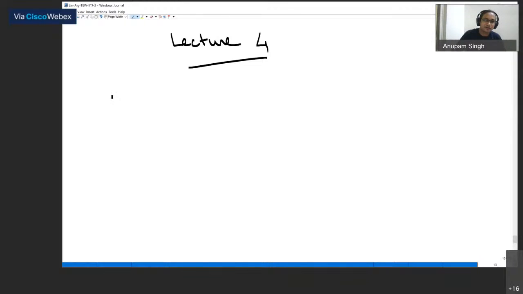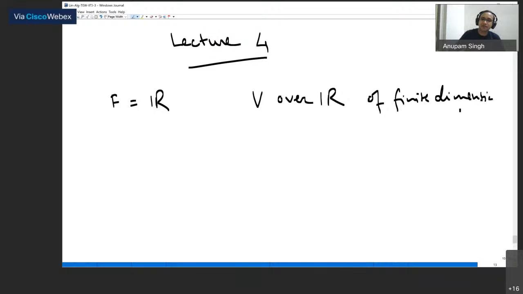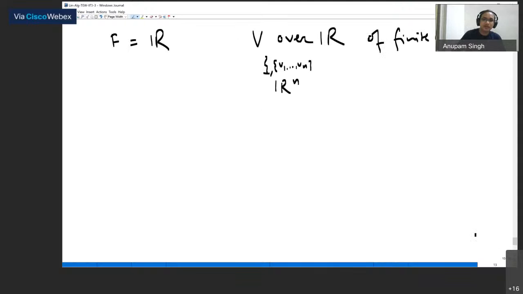So we can think of F as R, and then I have a vector space V over R of finite dimension, let's say n. And usually when we have this, by fixing a coordinate, we can think of V to be Rn. And by fixing a basis V1, V2, ..., Vn, we get Rn. And this is something we always try to think of.